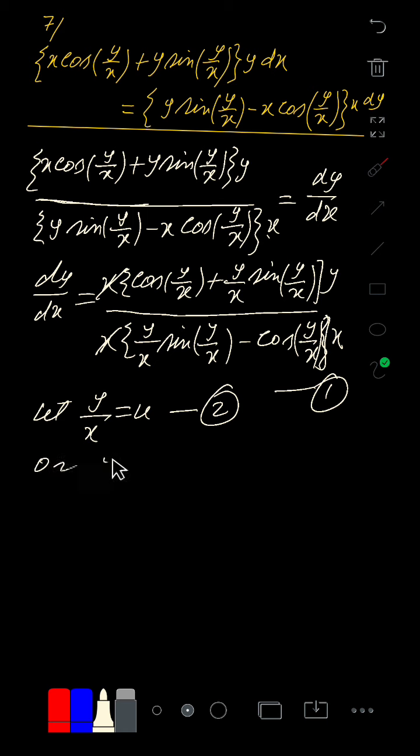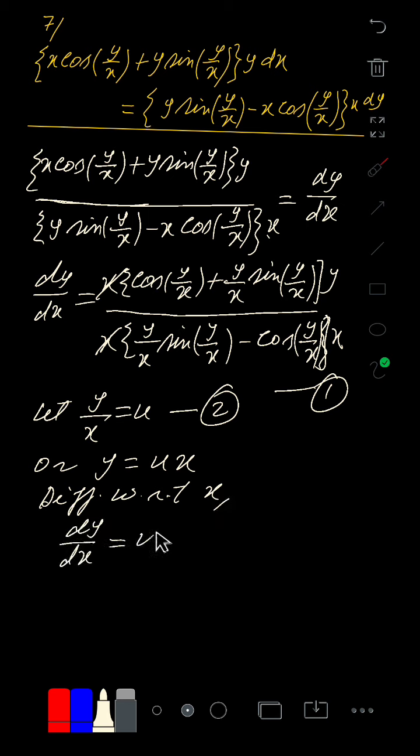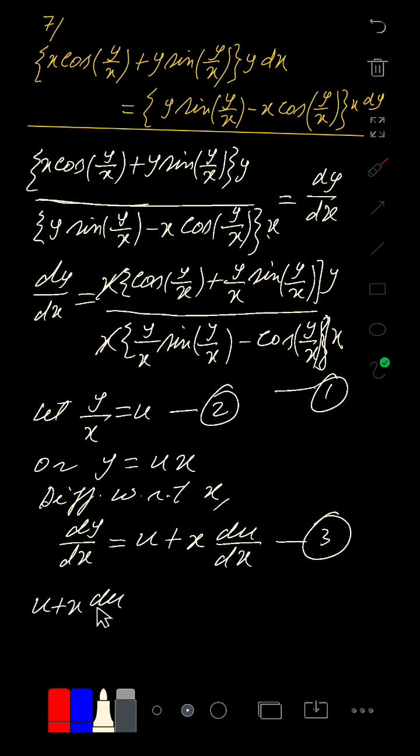and we have to assume let y upon x as u, or we may write it as y is equal to ux. Differentiating with respect to x, we get dy upon dx is equal to u plus x du upon dx, equation number 3. Now replacing dy upon dx by u plus x du upon dx in equation number 1. So we have u plus x du upon dx is equal to, on the right hand side we get cos u, because y upon x we had taken as u.